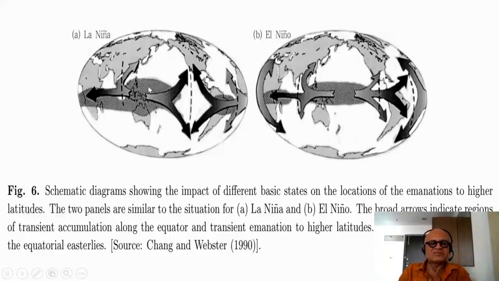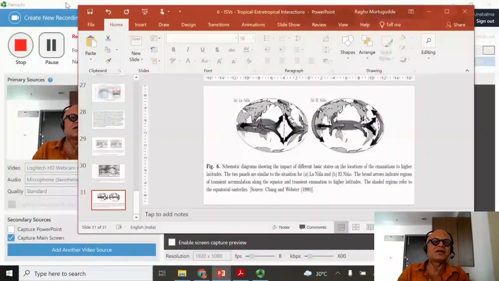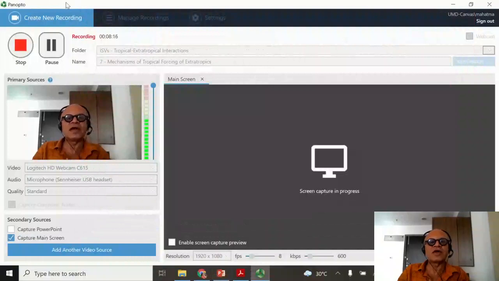These are the mechanisms which have been looked at with various types of models, with observations, and we will then look at the extratropical forcing of the tropics in terms of what theories exist and what observations say about them in terms of mechanisms. Okay, so these two podcasts are specifically on mechanisms of tropical extratropical interactions at intraseasonal timescales.